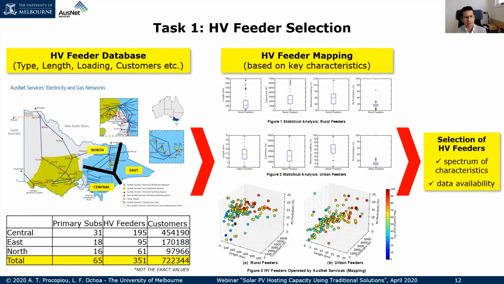So those that were very different, very rural and with very, very long feeders, for instance, or urban, extremely dense. So the idea here is that by selecting feeders that are significantly different from the whole population, whatever happens to them will represent the extremes. And then therefore, anything else that has milder characteristics should be even better. So that was the premise here.